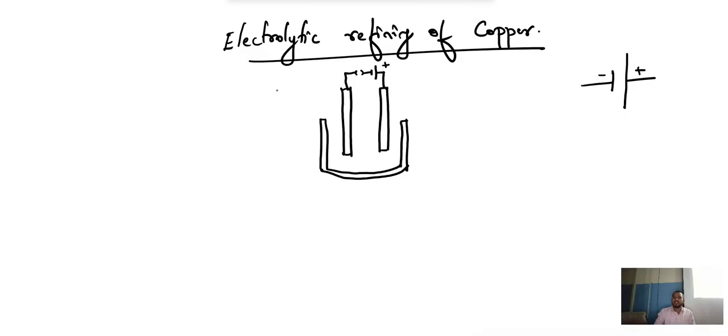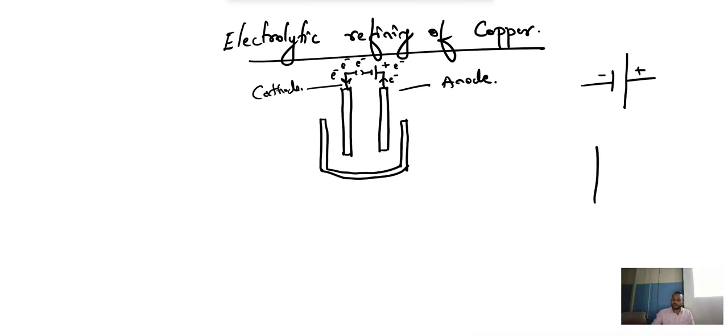Now our bigger line is on the right hand side, so this is anode, and the shorter one indicates cathode. Is this clear?